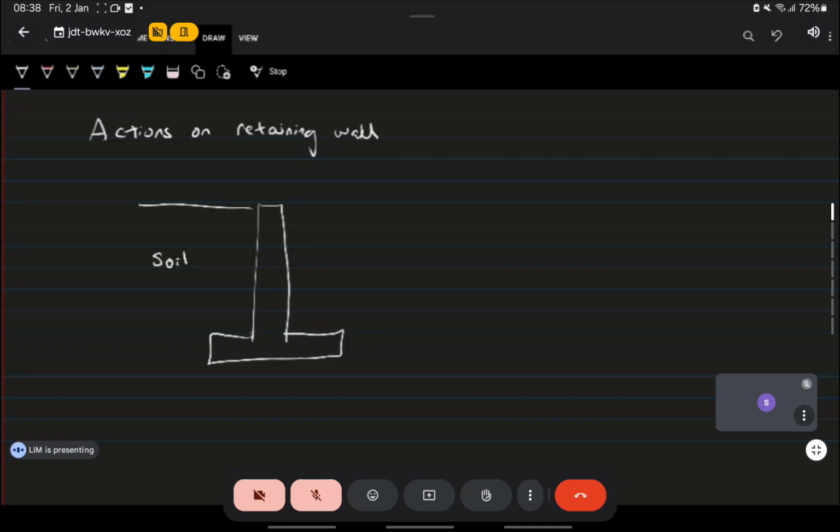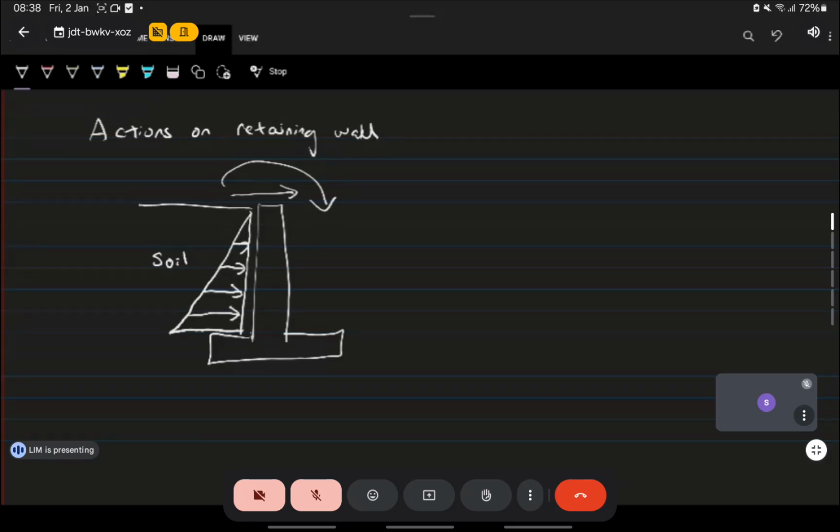What else? Anyone? So the way the soil exerts pressure on the retaining wall, it exerts pressure in a triangular shape. So it's a triangular UDL that is horizontal, pressing on the wall. So it's trying to overturn the wall like that and also push the wall horizontally. So there are two actions, overturning and sliding. Okay. So soil is one.